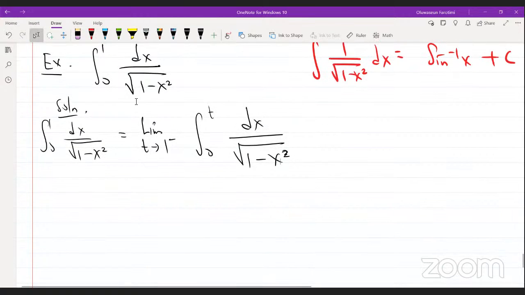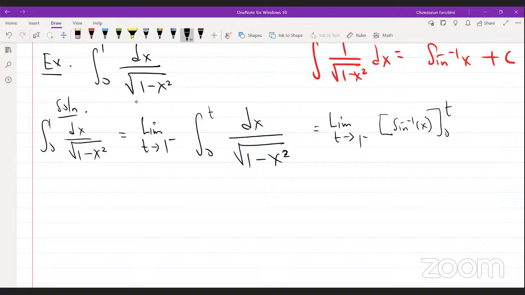So this guy is just going to be equal to the limit as t goes to 1 from the left of arc sine x, with bounds 0 to t. So I have the limit of arc sine of t minus arc sine of 0.